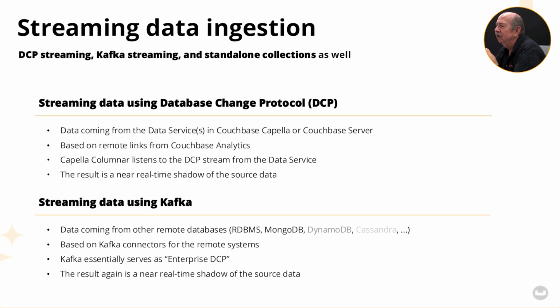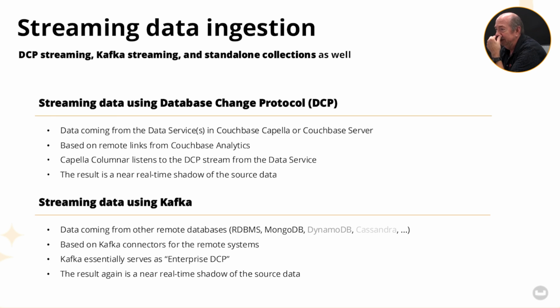We also have Kafka streaming. So if your enterprise has various data sources, your relational databases, your other document stores, connected via Kafka to your enterprise universe, you can stream your data using that Kafka infrastructure into Capella Columnar.